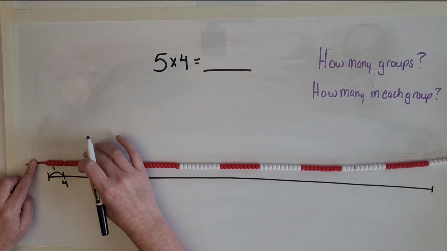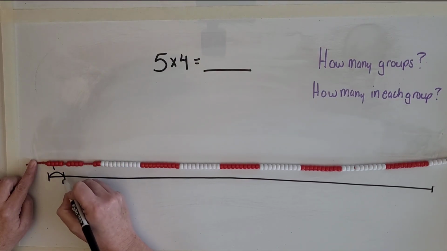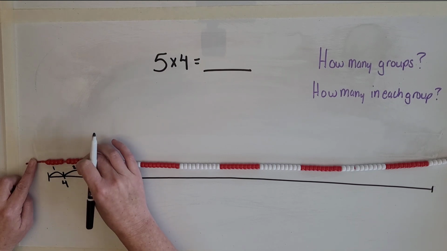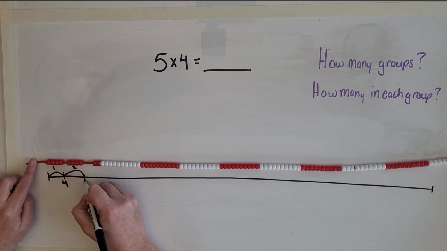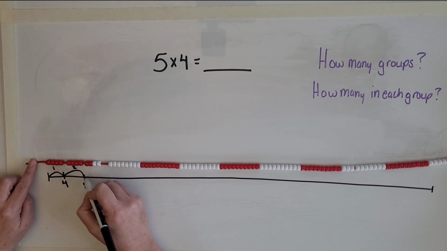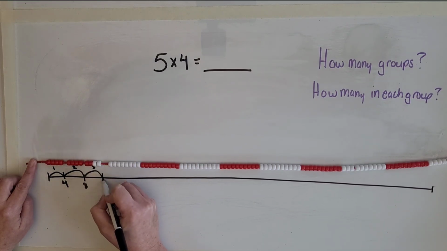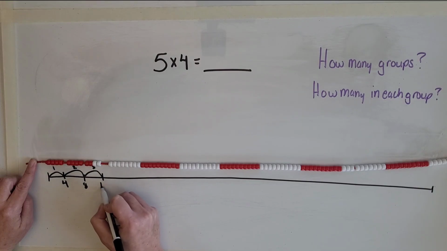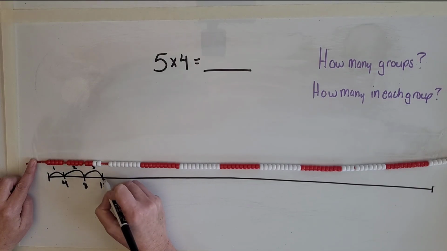I'm going to find my next group of 4. There's my second group. This leaves me with 8. I'm going to find my next group of 4. That's my third group. Now I'm at 12.